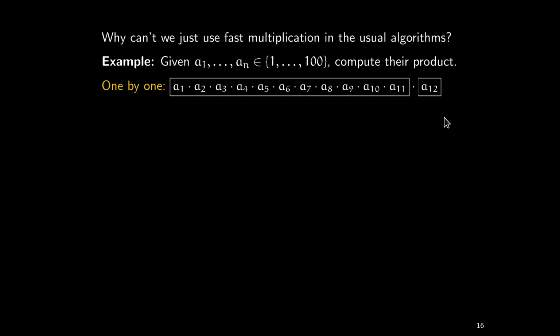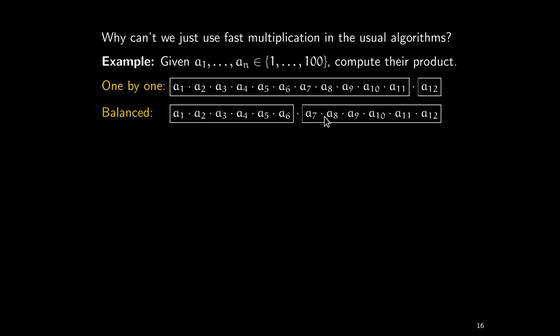This is one option. But you have associativity of multiplication, so it's not necessary to do it in this order. You can do it also in the opposite order, but that won't make a lot of difference. But another thing you can do is to break the product in the middle and to do a balanced product. That will of course lead to the same result.